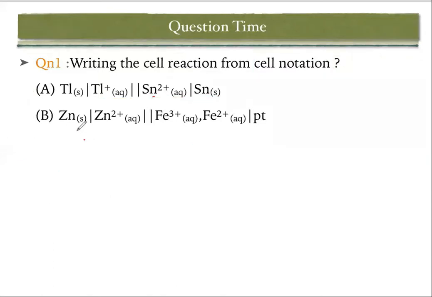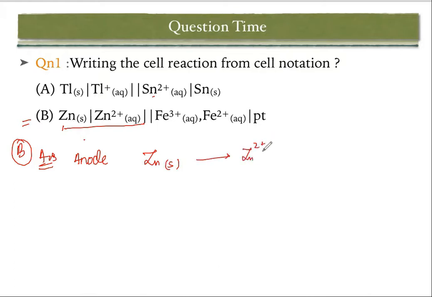Now let's try out the second reaction. On the left hand side, this is the complete anode reaction. So the anode oxidation reaction will take place. Zinc solid is going to lose 2 electrons to convert into Zn2+ aqueous form. This is the salt bridge. What is the cathode reaction?